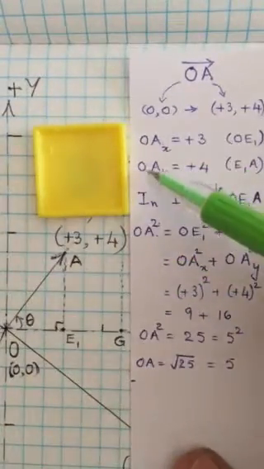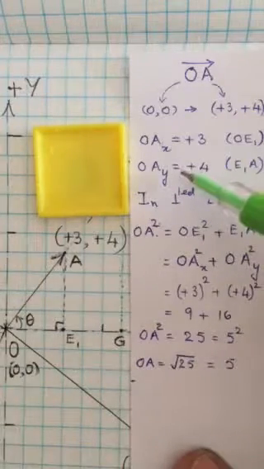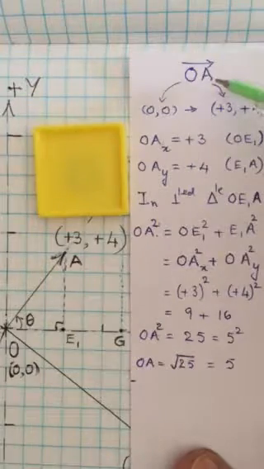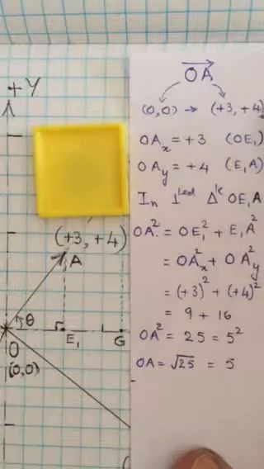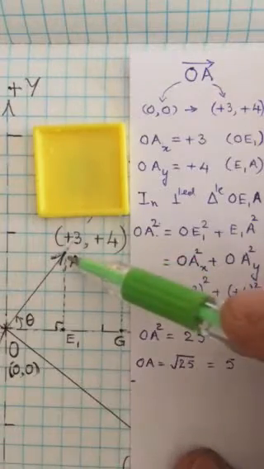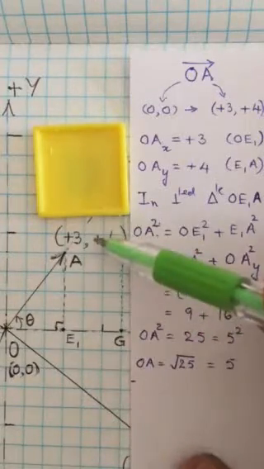And the y component of vector OA is equal to simply the y coordinate of the point A, which is plus 4.